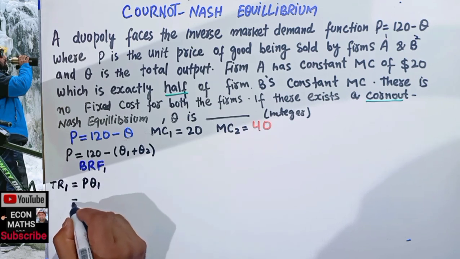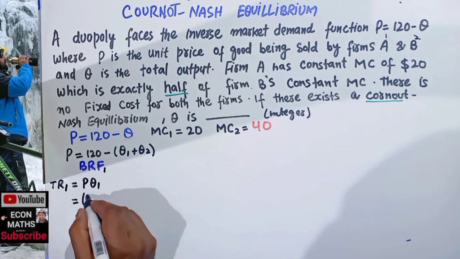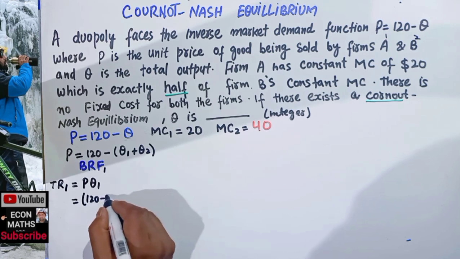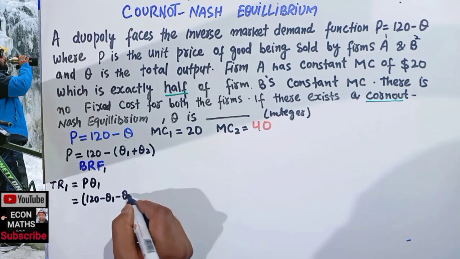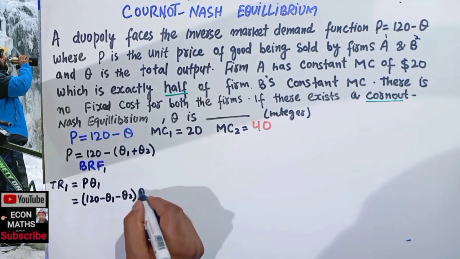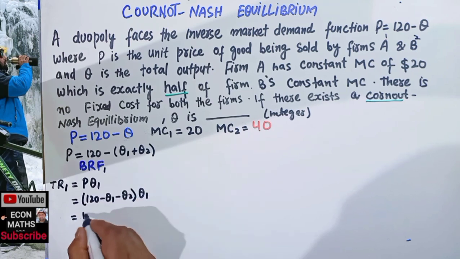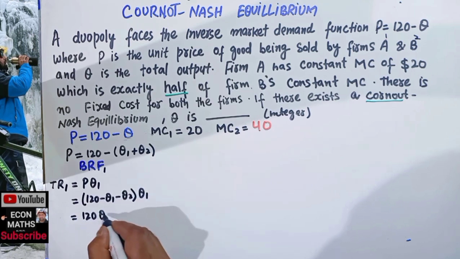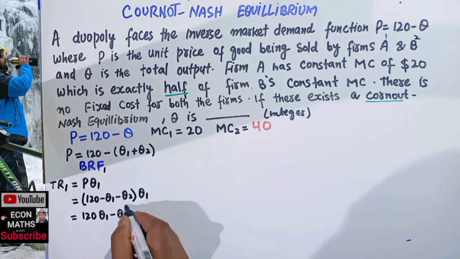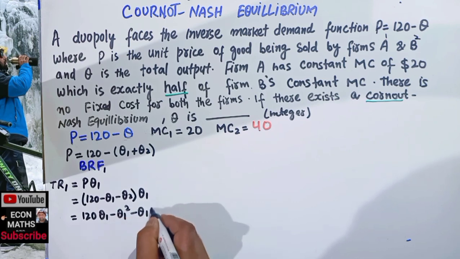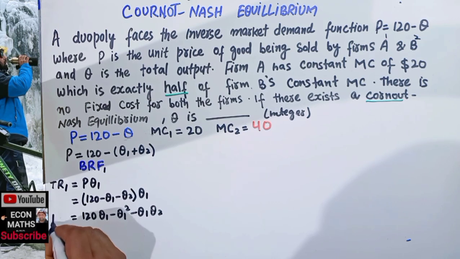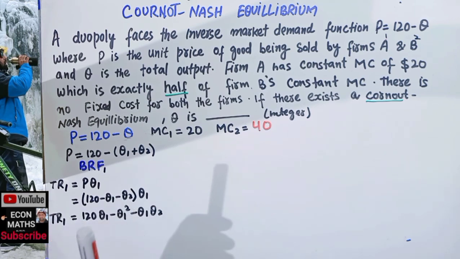So our P is this 120 minus Q1 minus Q2. To this we multiply Q1. So this becomes 120 Q1 minus Q1 square minus Q1 Q2. This is the total revenue function of firm 1. What is marginal revenue?